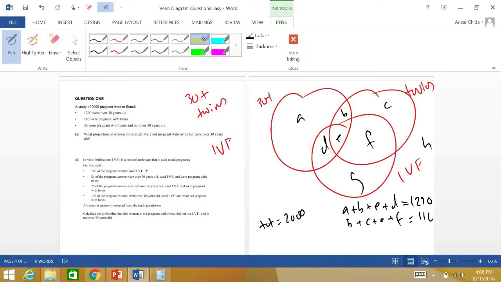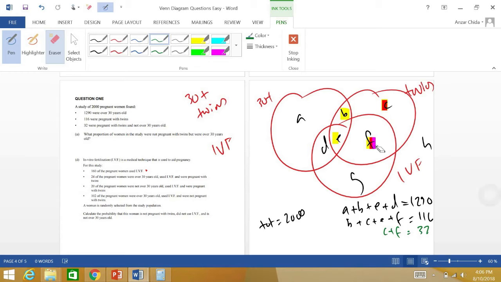So pregnant with twins, these are the ones that are in play, and then not over 30. So this is over 30 people. It can't be here. It must be these two over there. And so I'm going to get C plus F equals 32. Okay.